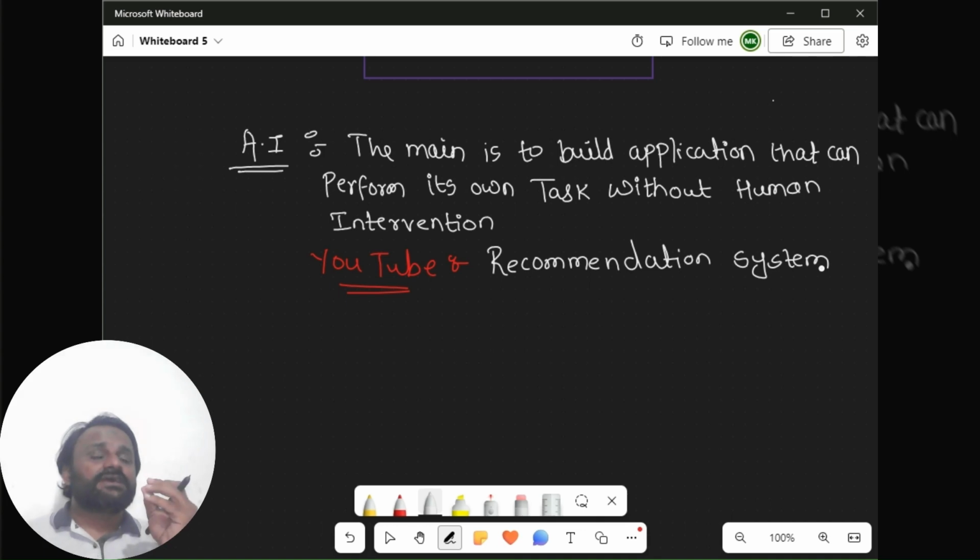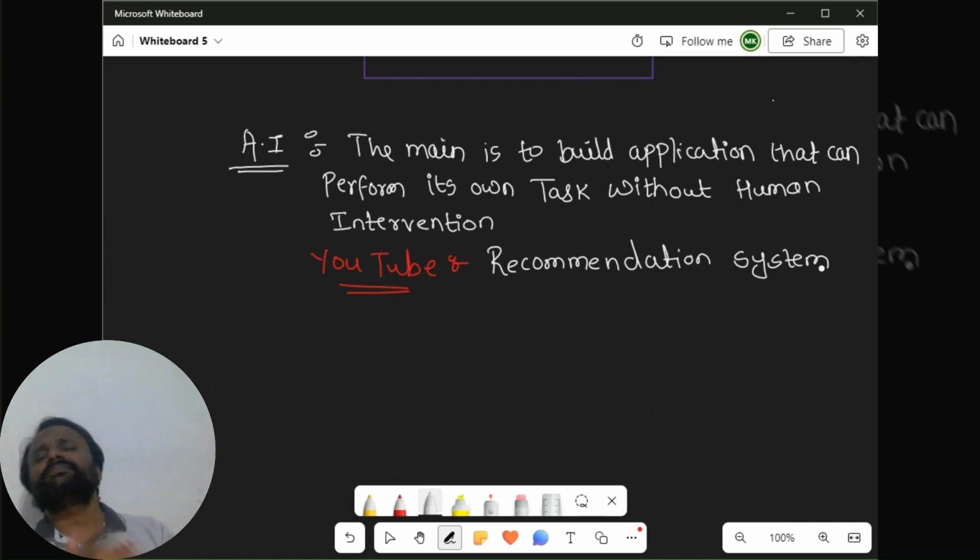Once you install YouTube on your systems nowadays, on Android and desktop, everywhere, YouTube is inbuilt. So whenever you open YouTube the first time, there is nothing, random things are available.